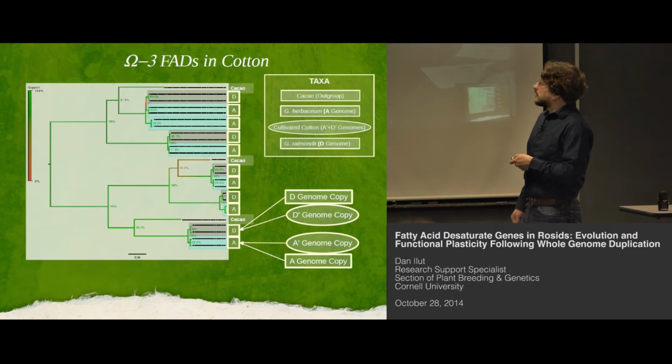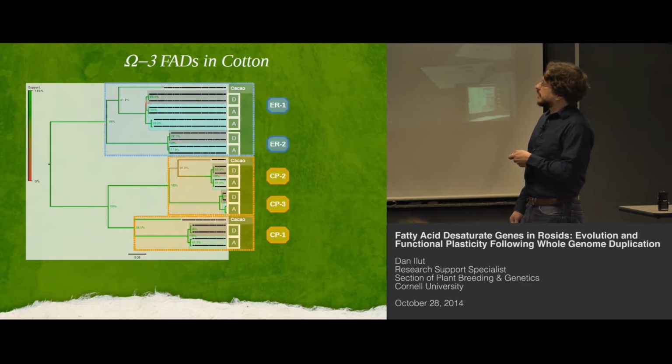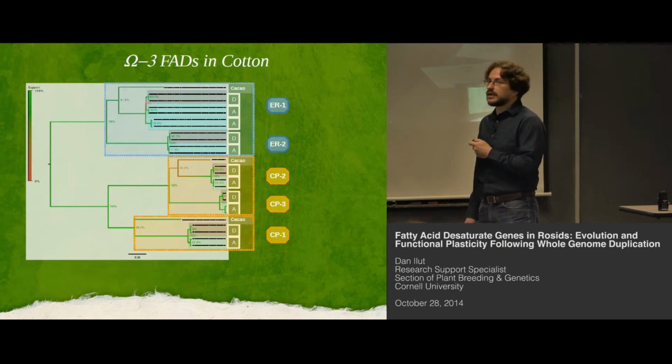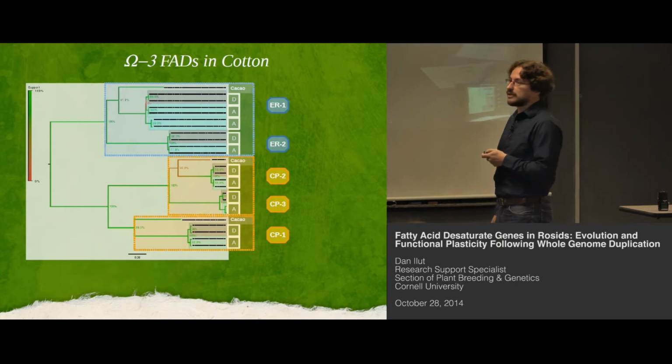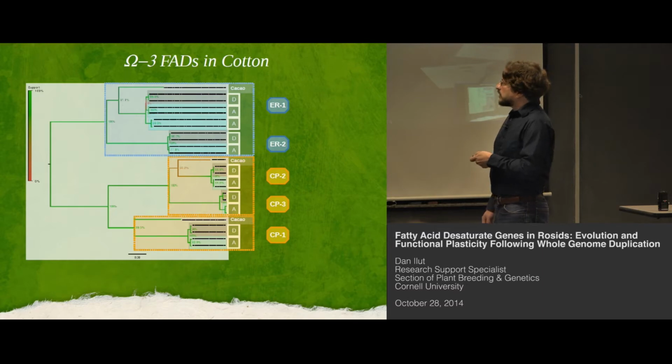And what we have are really three taxonomic groups, each anchored by the cacao outgroup. So we have this group, which encodes for the ER-targeted genes, and we can tell that because of the targeting peptide. And we have these two groups that encode for the chloroplast-targeted proteins.